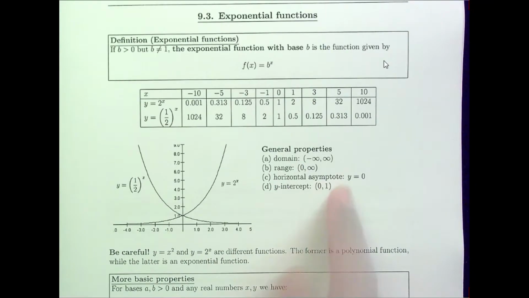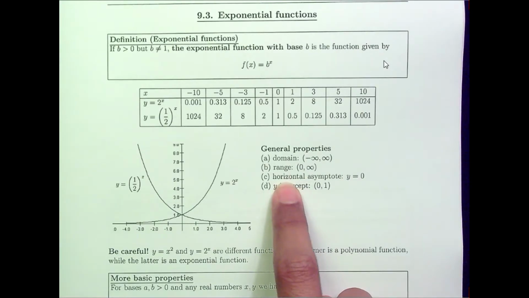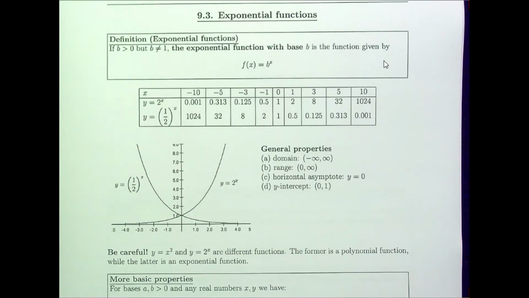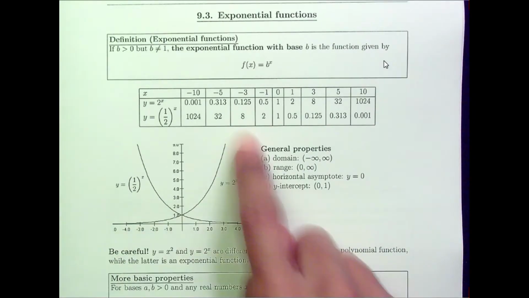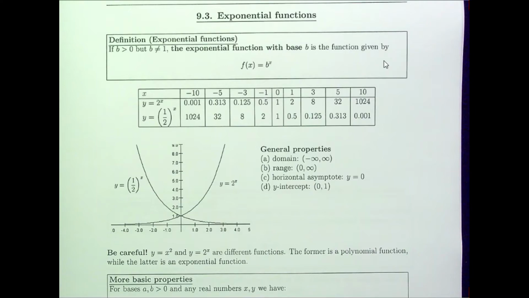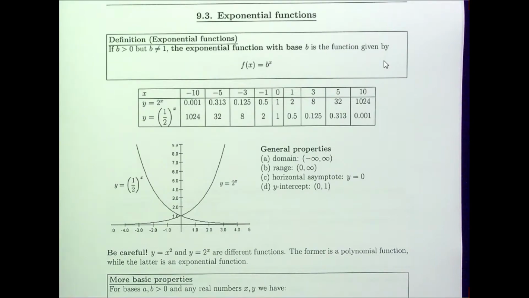And then these graphs are going to have asymptotes. An asymptote is a line, in this case I'm talking about a horizontal asymptote, is a line to which a graph gets arbitrarily close. So this graph, if you move to the left, it gets arbitrarily close to the x-axis, to the line y equals 0.